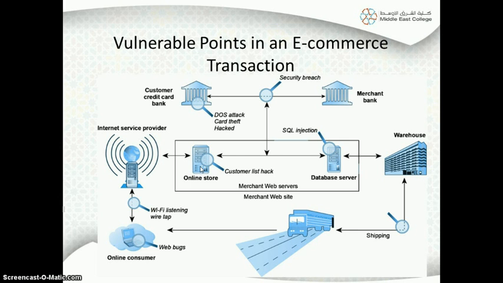Then from warehouse to shipping, the hacker hacks the system and gives another address to deliver the goods, and the original customer is waiting to receive the goods and the product does not arrive. So these are the points where we can identify vulnerabilities in an e-commerce transaction.